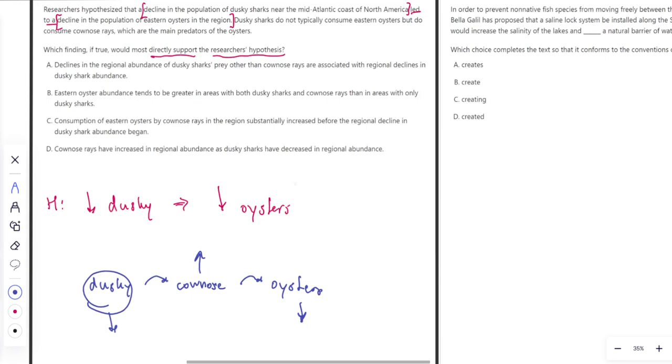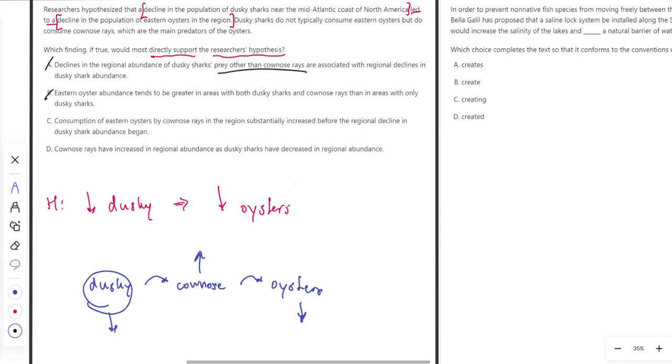We don't have any information on their prey other than cow nose rays, so I wouldn't really go with this one. Eastern oyster abundance tends to be greater in areas with both dusky sharks and cow nose rays than in areas with only dusky sharks. That would actually be the opposite, right? If there's an abundance of those rays, then we'd expect the oysters to be less abundant.